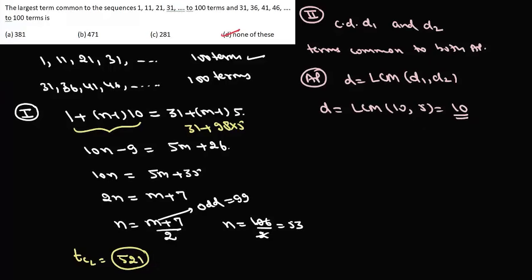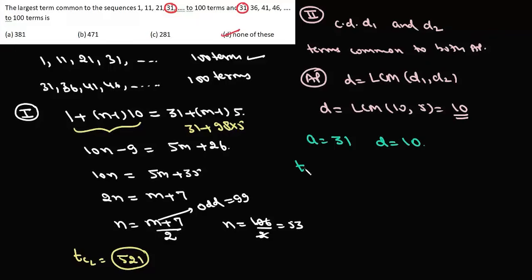Now the first common term in both the sequences is 31. So the terms which are common to both the series will form an AP with first term 31 and common difference of 10.